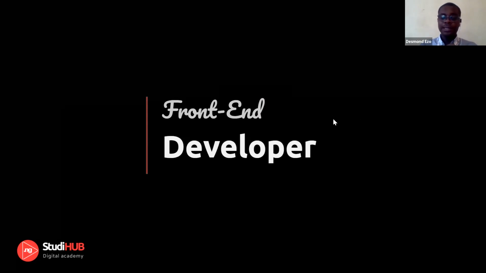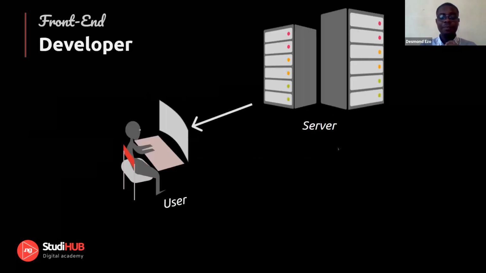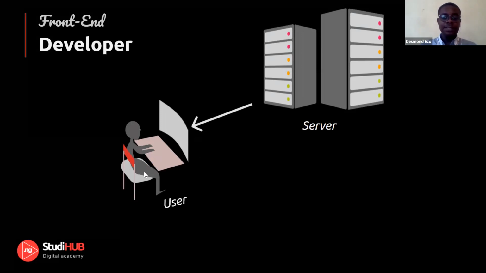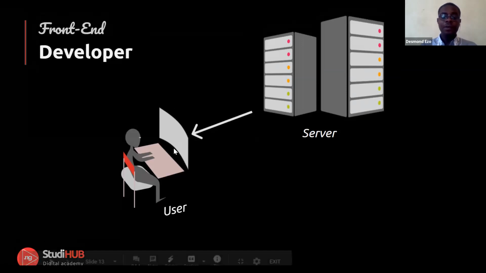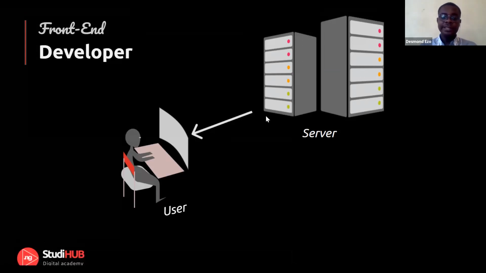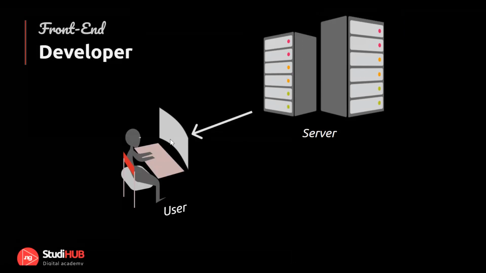So we're going to look at a diagram. This diagram explains some technicalities behind front-end development and front-end side code. If you look at this diagram, you would notice that this is the user and this is the server. Now, the user here would request a website from the server, and this server would deliver a copy of the website code to the user.